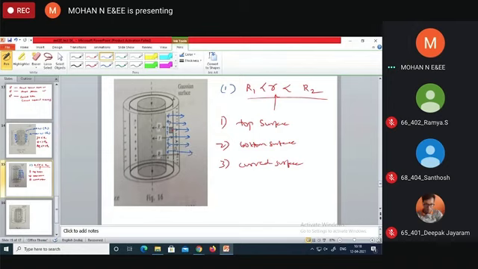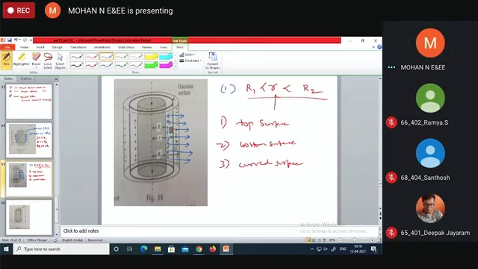Due to this flux distribution, the flux density will be directed radially outward.